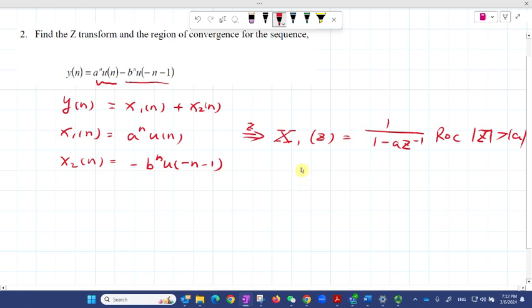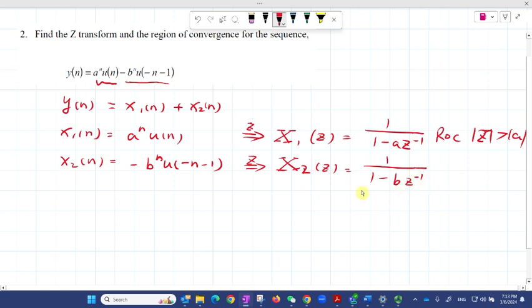Okay, and another one, if we do a z-transform of the second one, capital X2(z) equals 1 over 1 minus b z to the order of negative 1.